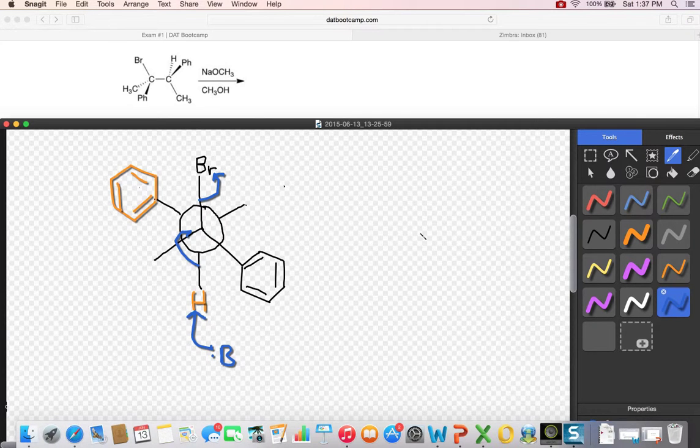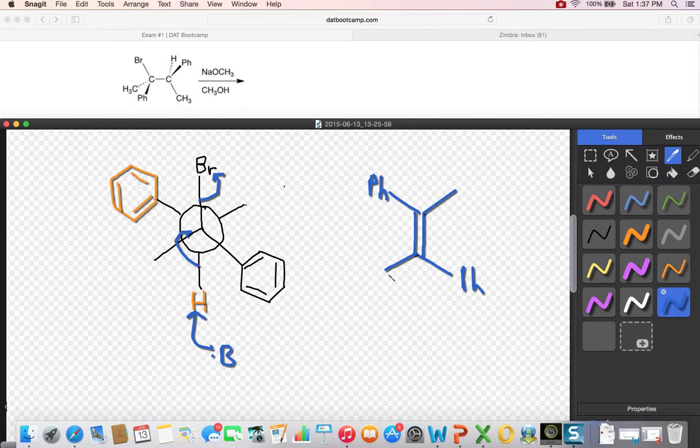What I'm left with is a carbon-carbon double bond where the phenyl groups are anti to one another, as are the methyl groups.